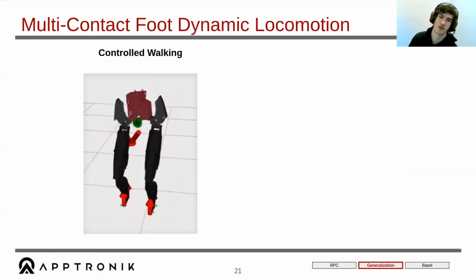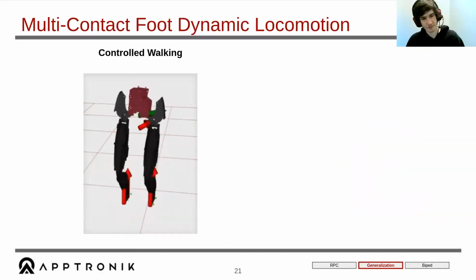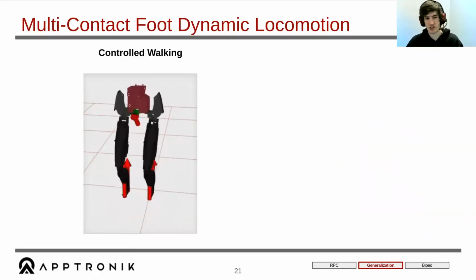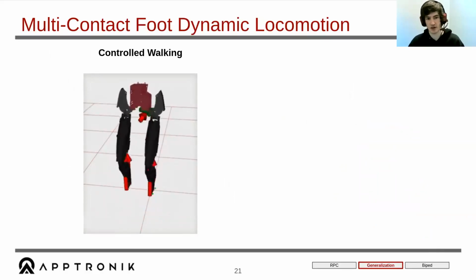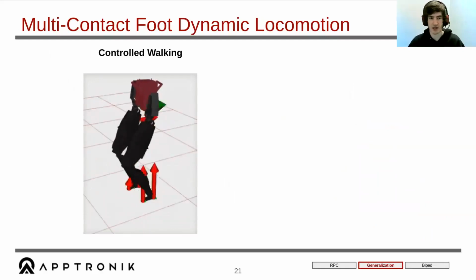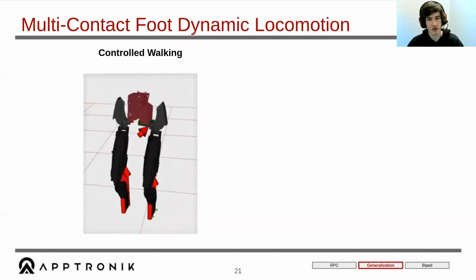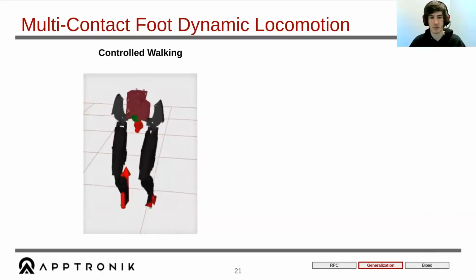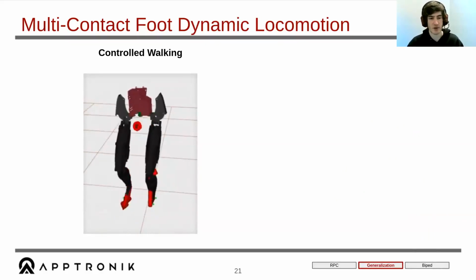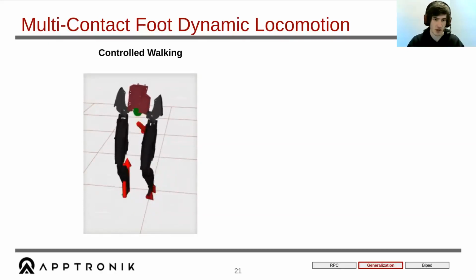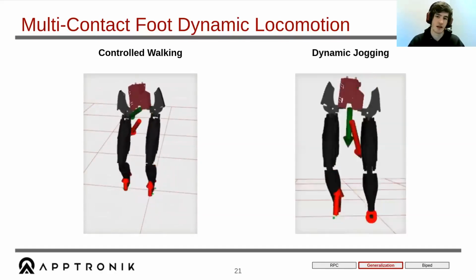And so here are some of the results in simulation. The first one is basically just standard controlled walking of a line foot biped that Apptronik had designed previously, called Draco 2. And it was basically just a lower body biped. And it's able to walk around pretty stably.